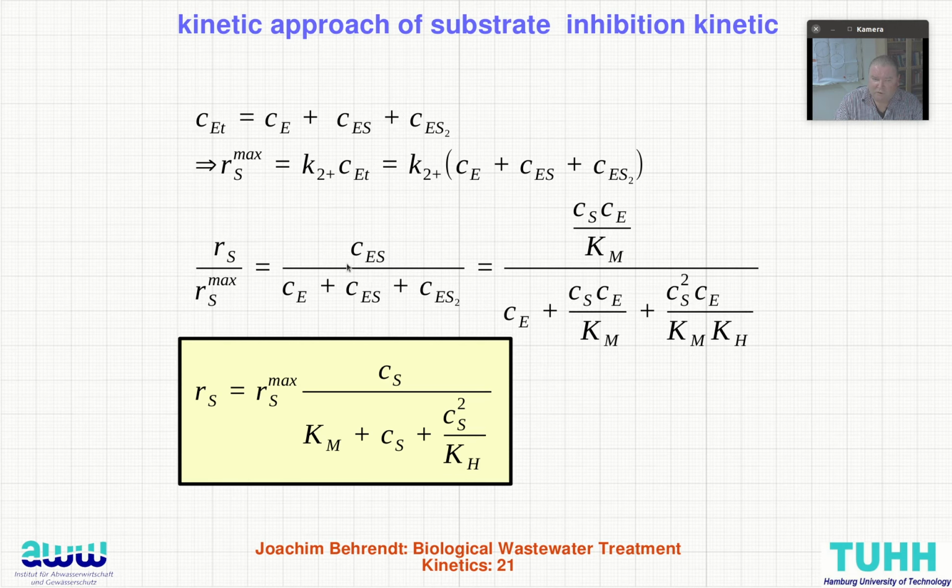Here we replace every term with what we found from the quasi-stationarity condition. As we can see, we can eliminate CS multiplying with Km. Finally this leads to an expression with Km and CS, and another term with the square of the substrate concentration.